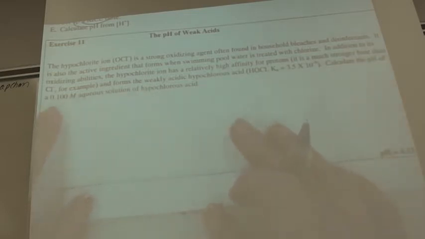If all of this made you a little nauseous and you didn't know what to do, pay attention to the last sentence. It tells you what they want to know. Calculate the pH of a 0.1 molar aqueous solution of hypochlorous acid. Where is hypochlorous acid in any of this? HOCl. They've told you it's a weak acid, so there better be a double-headed arrow here.